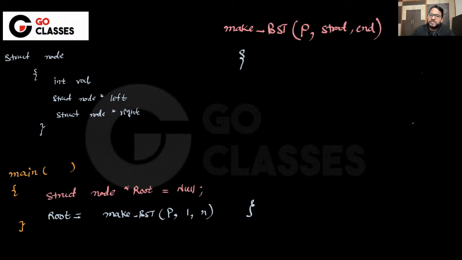Now what you will say is that wherever your end is, that is your root. Should I be calling it root or not? That's the only variable name confusion I'm having, because p is an integer array.